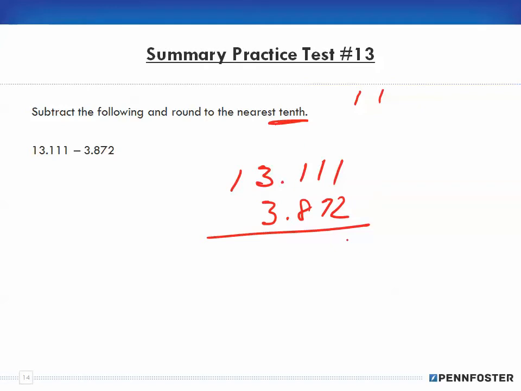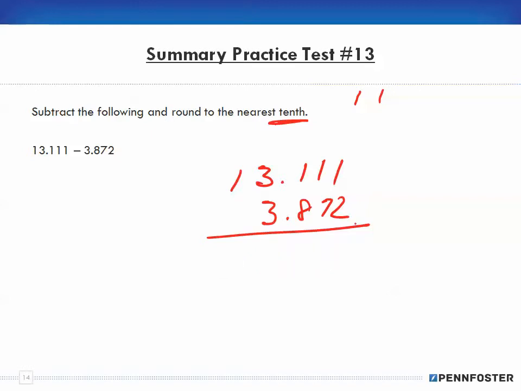So 2 from 1 is 9. 7 from 10 is 3. 8 from 10 is 2. So that's wrong. See, I did that wrong.